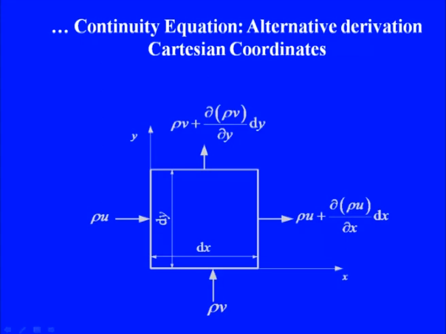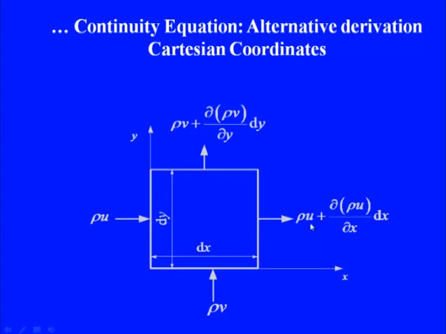Okay, so now let's have a look at the Cartesian coordinate system. This is a small simple differential element of length dx and dy, and let's have a look at what is the mass flow which is coming in at the left plane, that is given by rho into u.